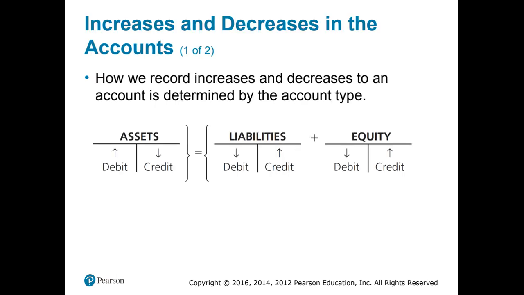And there are increases and decreases in accounts. How we record the increases and decreases to an account is determined by the type of the account, which we've kind of talked about. But this is a really good slide to come back to. This is slide 14, and it is on page 60 in your book.